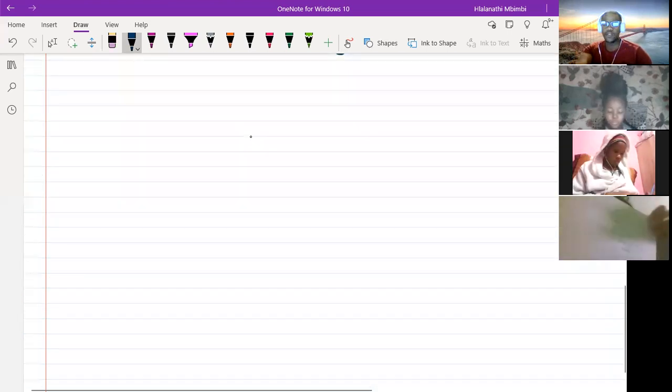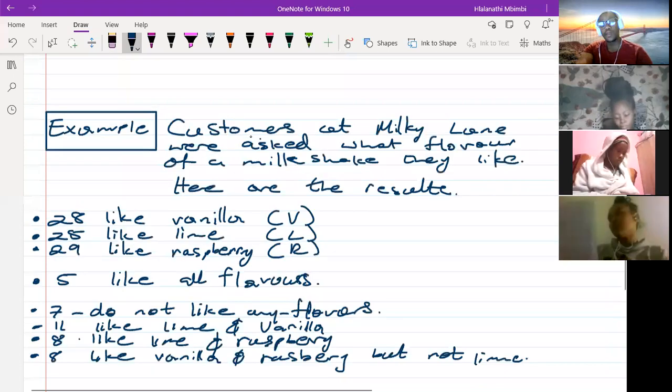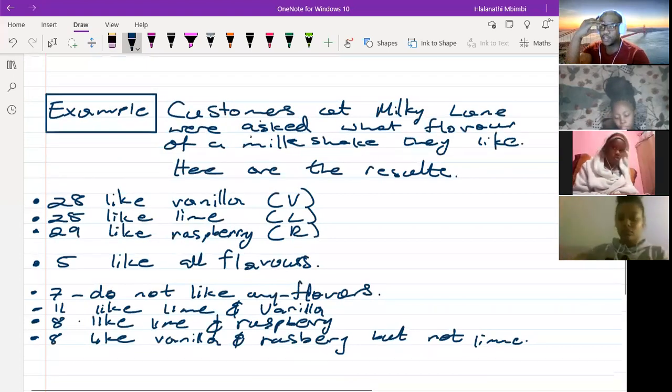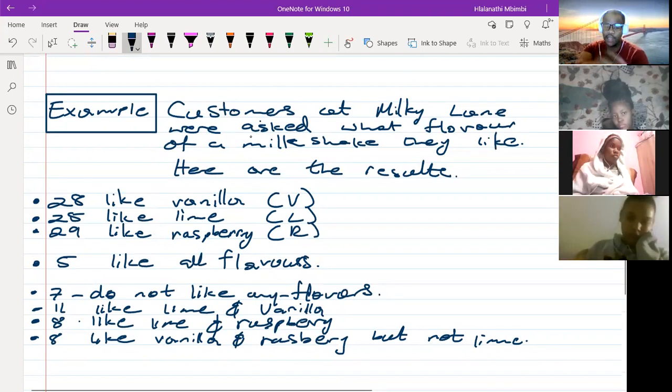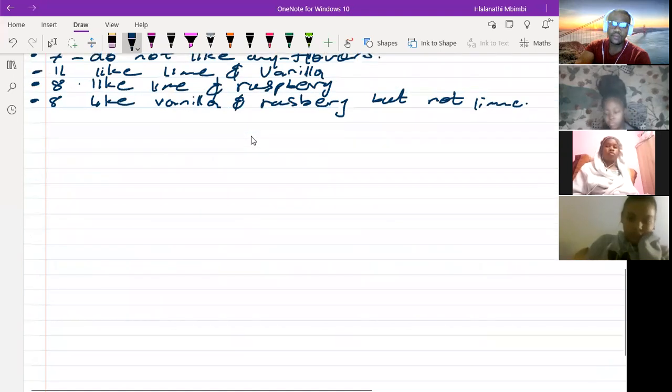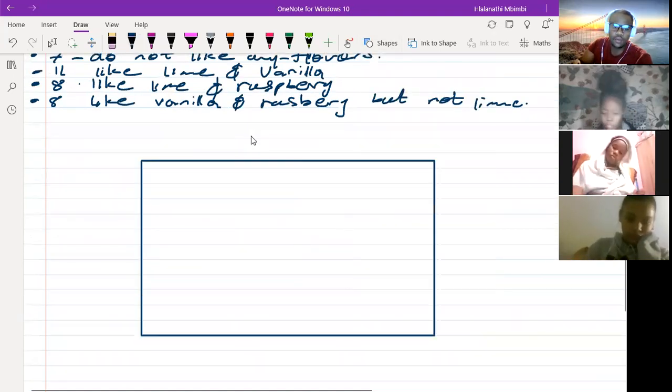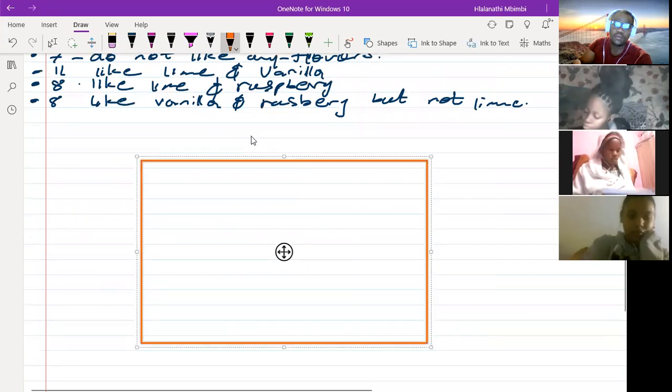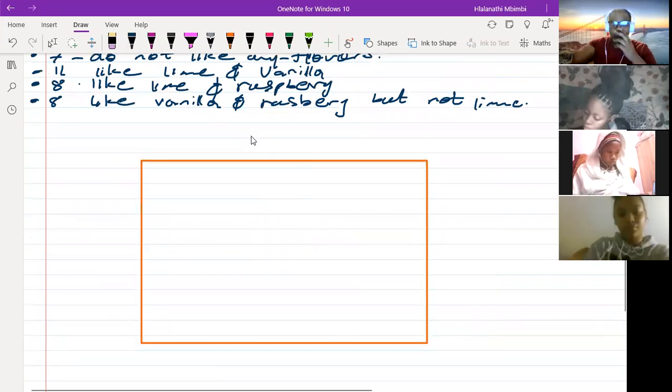So we need to take this information and put it in some form so that if we were to ask anything about it later on, we can make sense of it. And that would be a Venn diagram, right? So this over here would be our sample space.